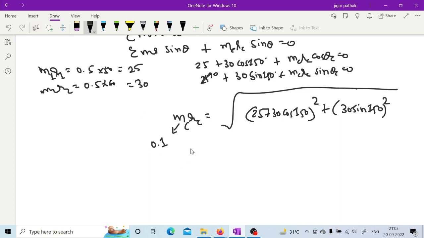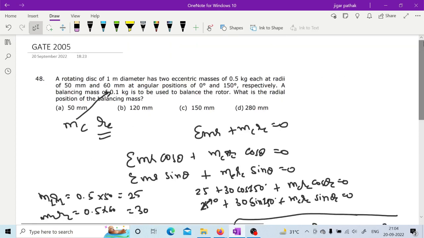You just need to give simplification. Please be quick. Yes, sir. Sir, RC is equals to 150 mm. Yes, correct. So here RC will be equal to 150 mm.